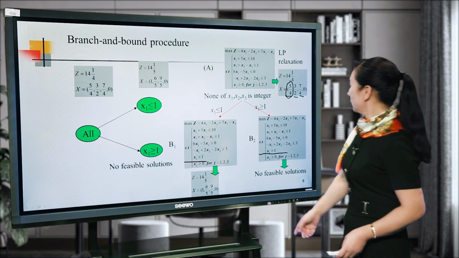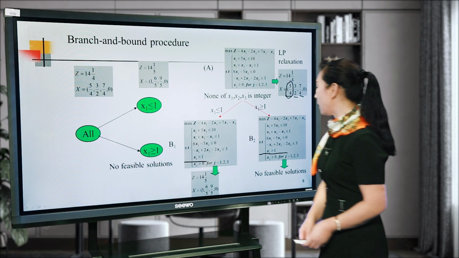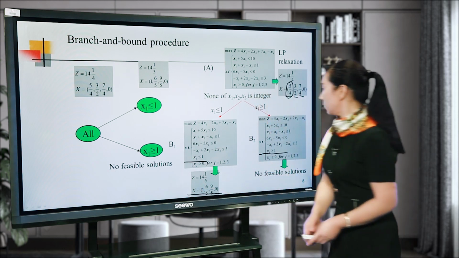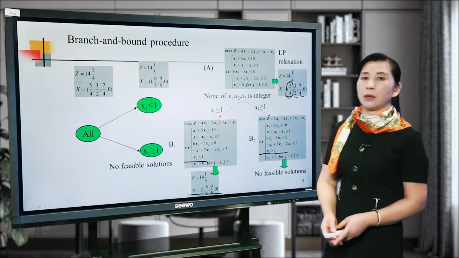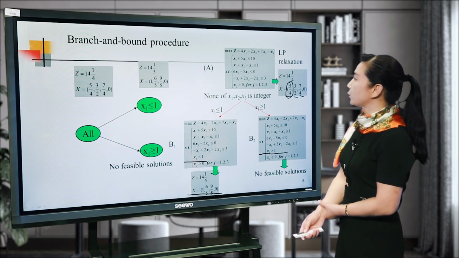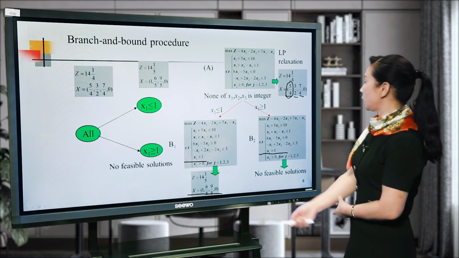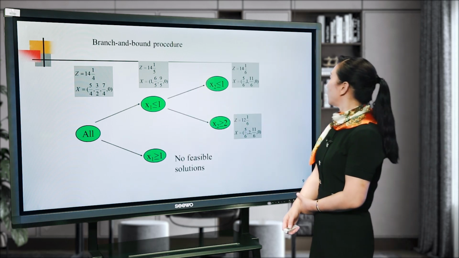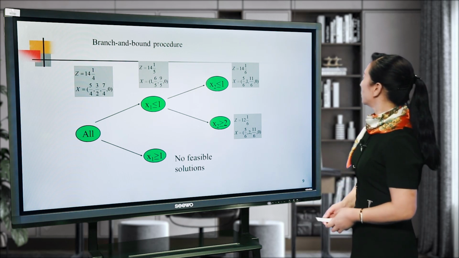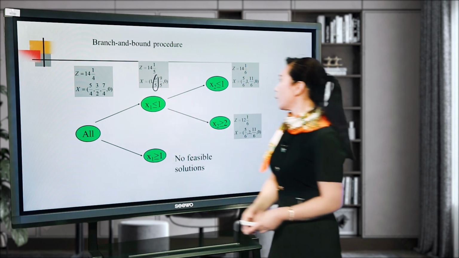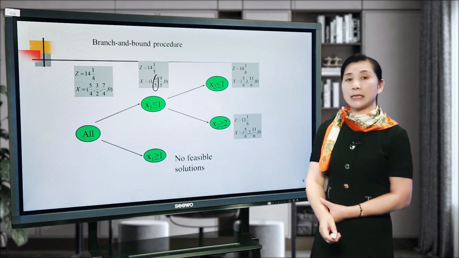But in problem B1, we note that in the optimal solution x2 and x3 are not integer, so it does not meet the requirement. We continue to branch. We notice that x2 is greater than 1 and less than 2.